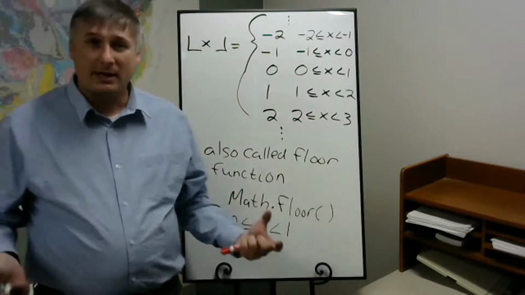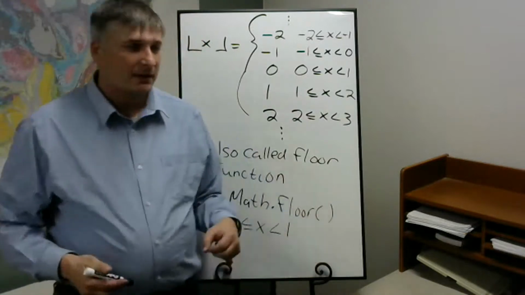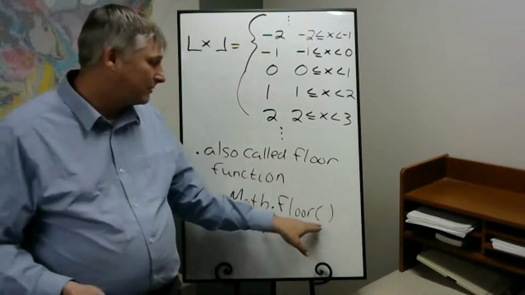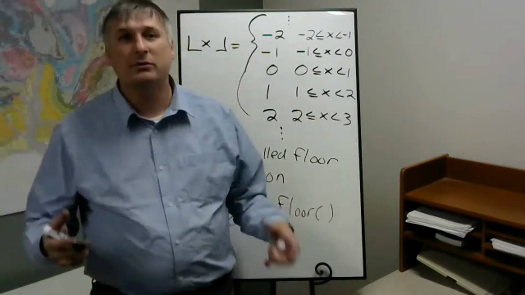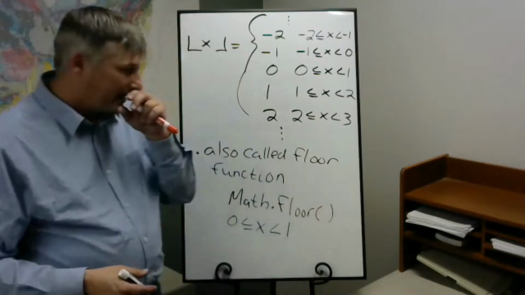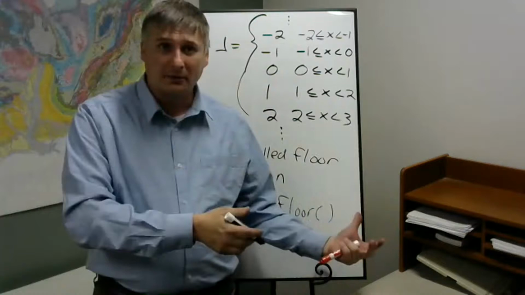So if you had, for example, 8.5, this would round 8.5 to 8. If you had 9.999, it would round it to 9. If you had 0.1472, it would round it to 0. And usually to get a number from 1 to 10, you would have to then add 1.